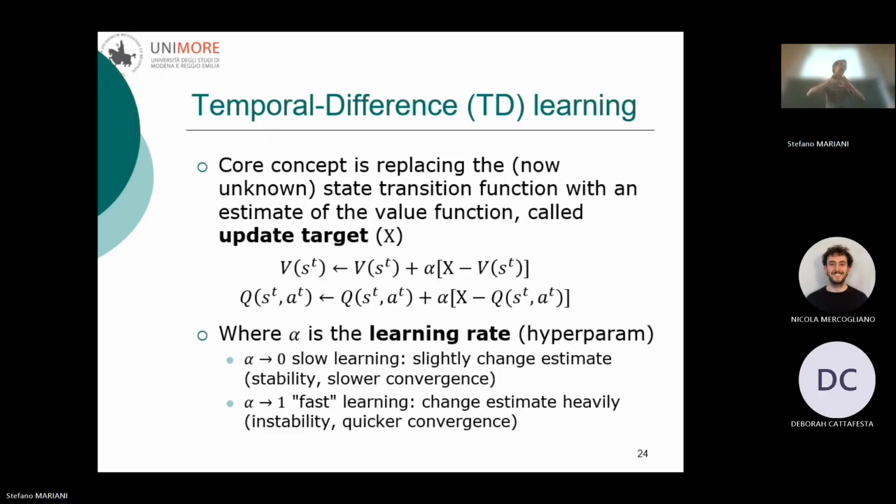So, usually, when setting alpha, because it is a hyperparameter, so you need to choose it when you run your training of your agent, there is basically only one strategy. Pick the lowest alpha that you can afford. What does it mean?